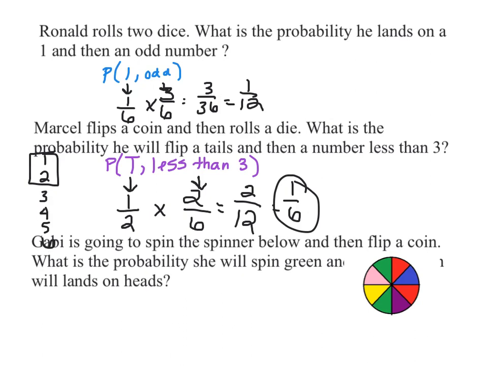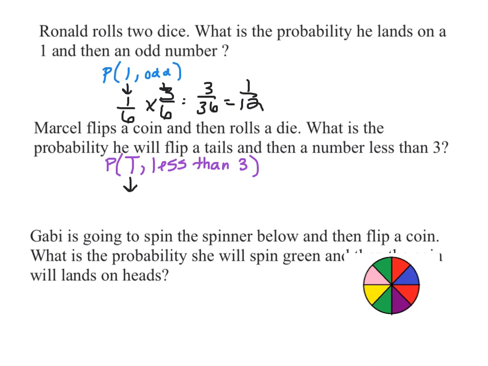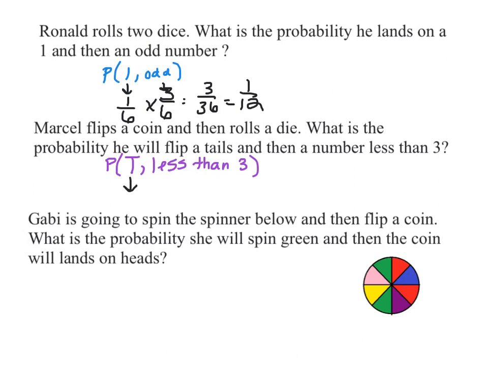Okay, and my last one, Gabby is going to spin the spinner and then flip a coin. So our event, we are looking for the probability that she will spin a green and then the coin will land on heads. When I look at the spinner, there are 8 possible outcomes. 1, 2, 3, 4, 5, 6, 7, 8. 8 different wedges of that spinner.